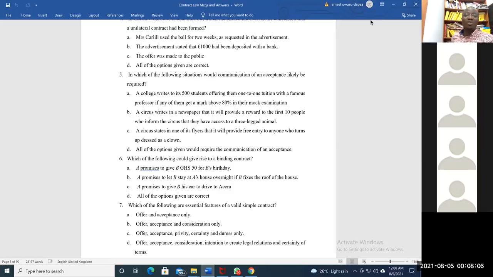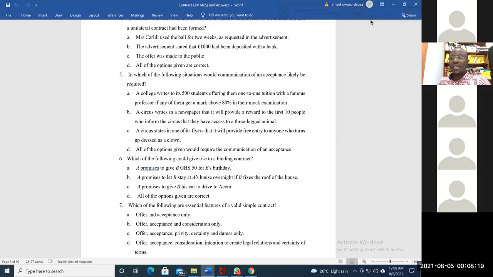So once you're able to cross out the ones which are not likely, you will definitely be left with one, and that will be the correct answer. Even if you're not sure about it, the elimination would help you to arrive at the correct answer, as it were.